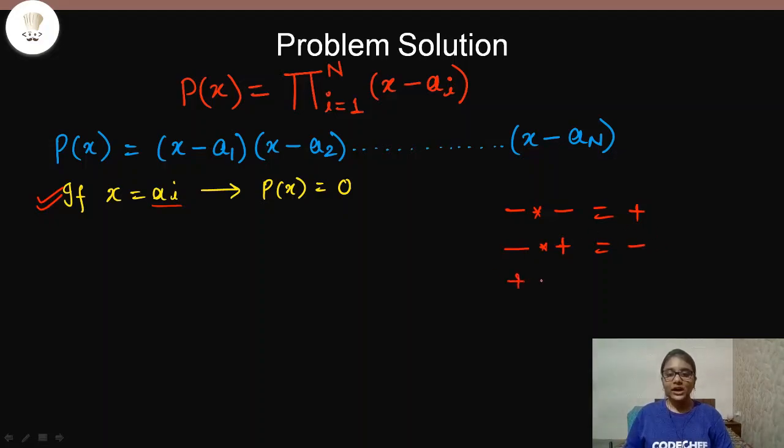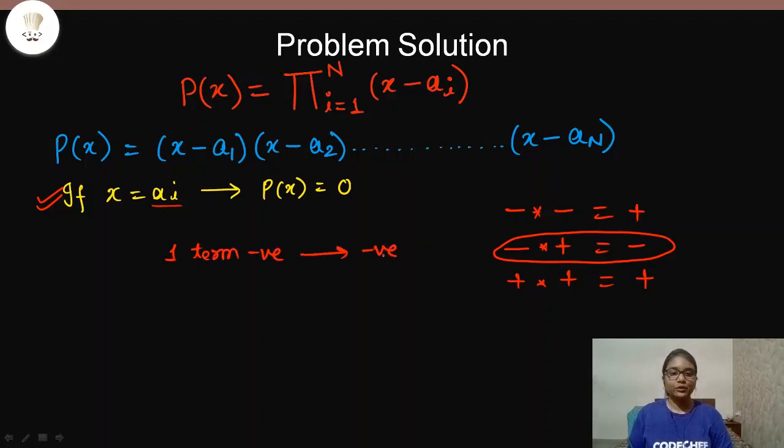And if both signs are positive, it gives us a positive value. So you can see that if there is one term which is negative, then it gives a negative value. So it is determined that if one term is negative, then we get a negative value. Now what about two terms? If two terms are negative, then it gives us a positive value, right?